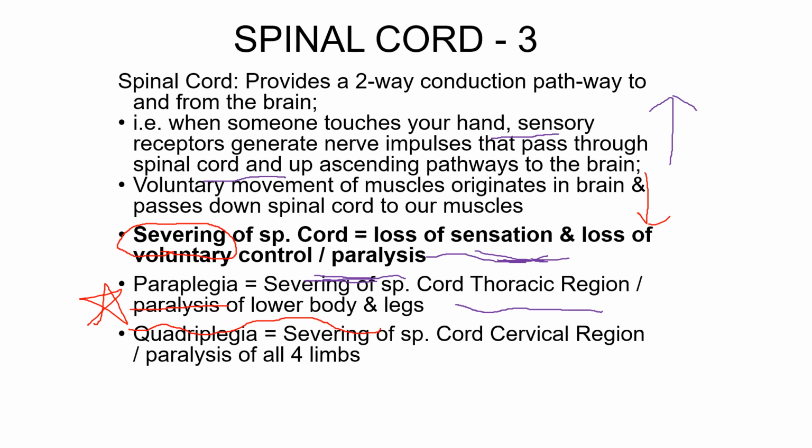So if you were to do that at the neck region, the cervical region, you would be numb and paralyzed in the arms and the legs. So all four limbs would be affected, and therefore you would be considered a quadriplegic, quad. So therefore you would probably be in a bed the rest of your life, or a really, really high-tech wheelchair.